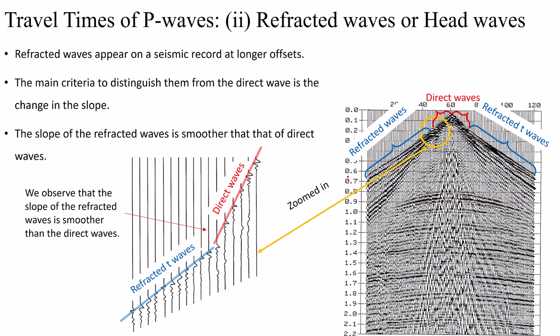It is easy. If you zoom in on your shot record, usually direct waves have a sharper slope compared to refracted waves, which are more gentle. So do some zooming in and out and look at the direct wave trend. Once the trend changes, you may say that after that you have refracted waves.